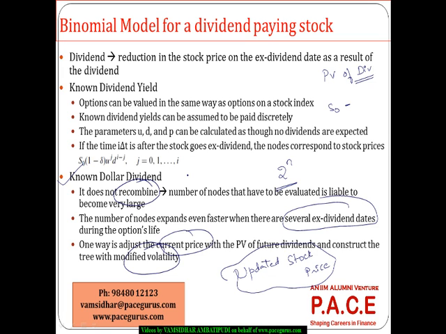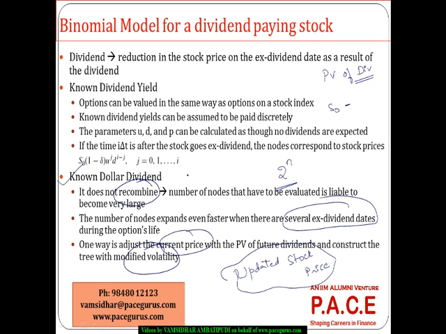If the dividend is known to be a yield, then at the particular period when the dividend is declared, you can work it out. But if the future dividend is a known dollar amount rather than a yield, we cannot rely heavily on discretely reducing the stock price at that point, because the tree will turn into a non-recombining tree and the binomial tree becomes painful to evaluate.